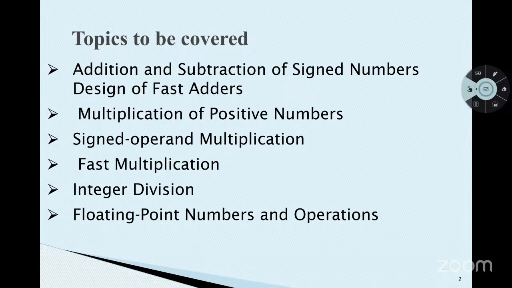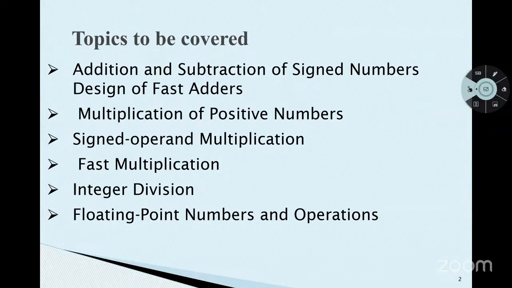So here also you can apply positive integer values, or fractional values, or signed numbers, that is, positive or negative numbers. Okay, so that is signed operand multiplication and fast multiplication.